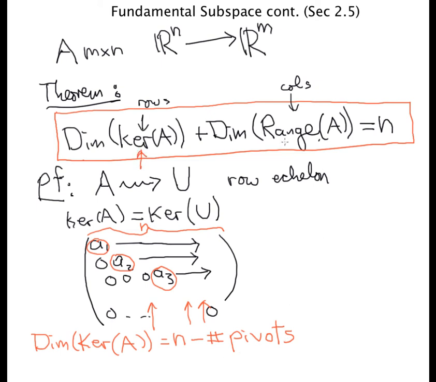And now, what do you know about the dimension of the range? Well, going to row echelon form, as I said, messes everything up having to do with the range.